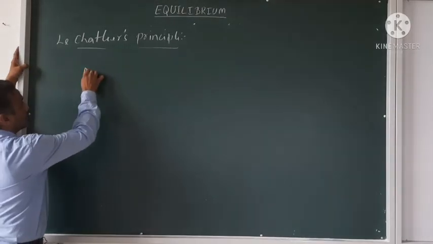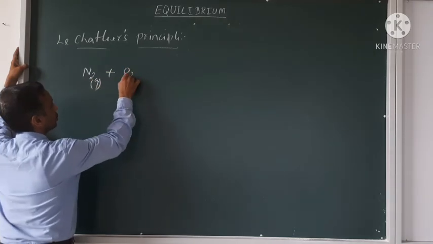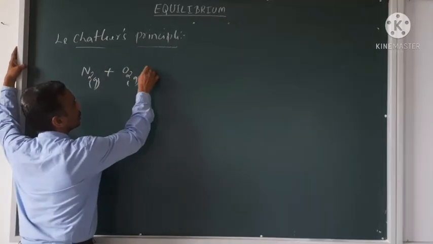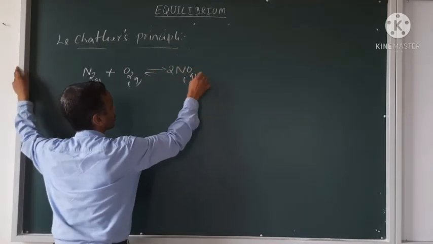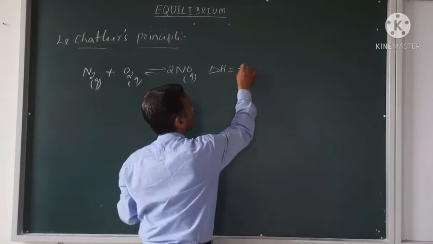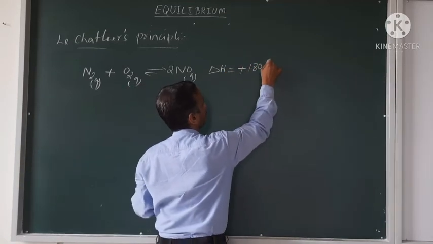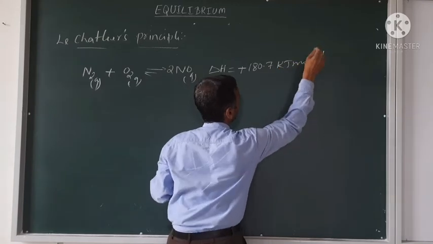Just see N2 gas plus O2 gas giving 2NO gas, delta H is equal to plus 180.7 kilojoules per mole.